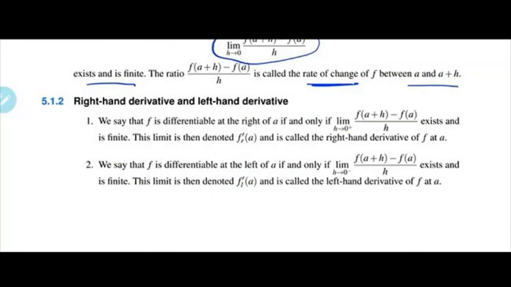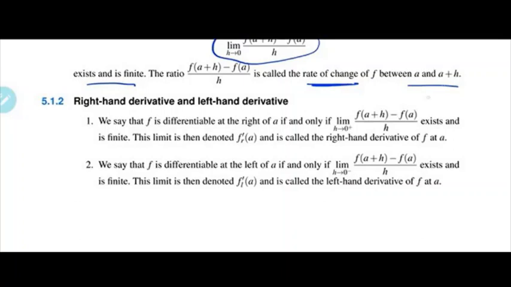Now, of course, when we talk about a limit when h tends to 0, it means that h will be tending to 0 from the right and from the left. So we'll define the right-hand derivative and the left-hand derivative. The right-hand derivative is the derivative when h tends to 0 plus, so from the right.